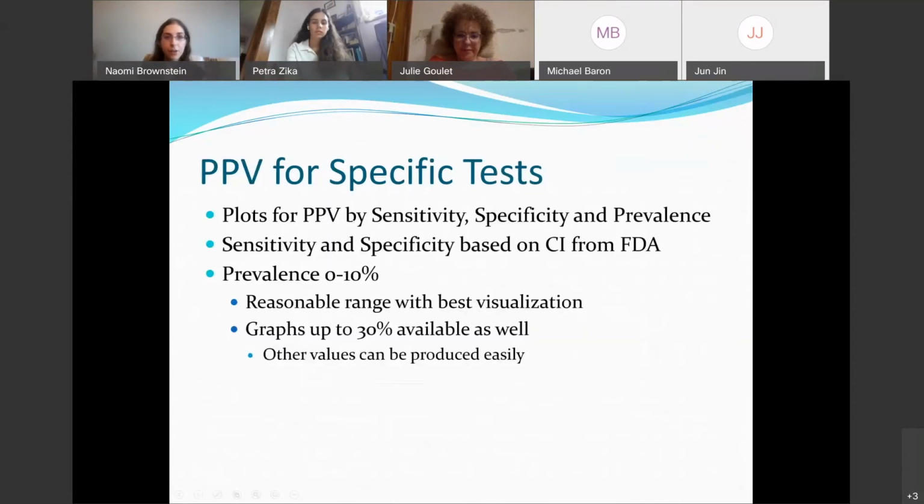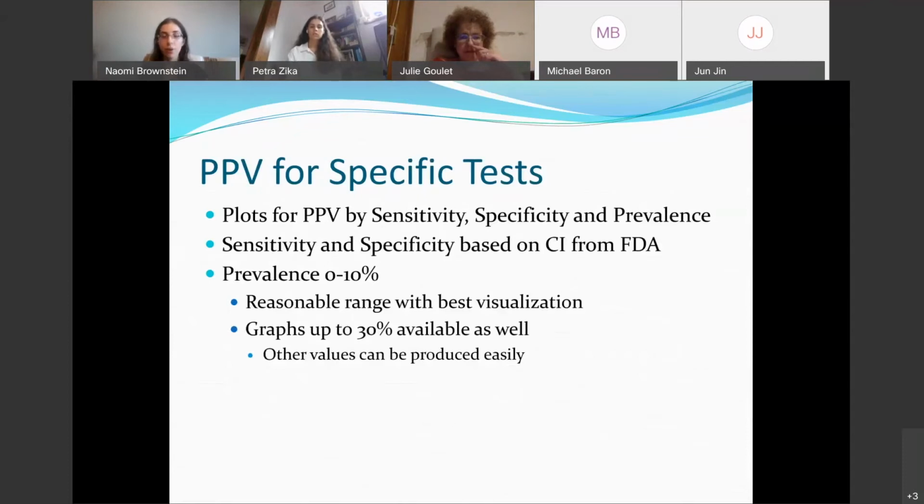All right. So what does this look like for specific tests? Again, I'm going to restrict to the positive predictive values because negative predictive value was 90+% for everything. That means negatives are pretty well predicted; the negatives are generally true negatives. Now, what about PPV? How does this vary by sensitivity, specificity, and prevalence?